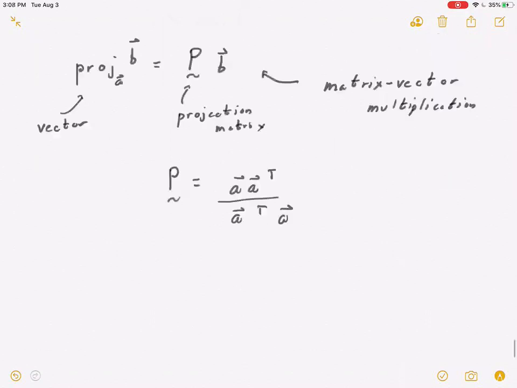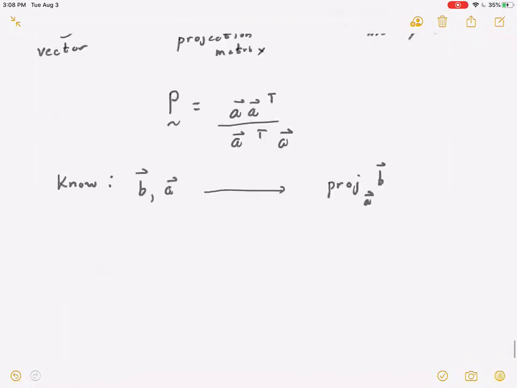So in order to solve this problem, we need to know what B is, we need to know what A is, and then use this relationship to find the projection of B on A. Okay, so let me give you a precise example.